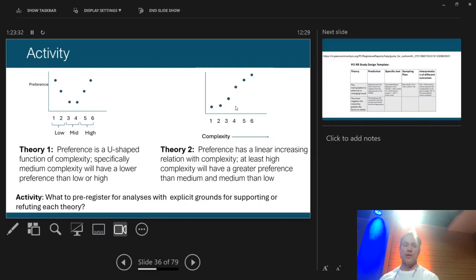Because for the linear one, we would need the high greater than the mid, and the mid greater than the low. So if those two tests came out in that direction, she would say the linear is supported. If not, it's wrong. I don't accept it. And the pattern for the U-shaped one is this is higher than this one, and this one is lower than this one.